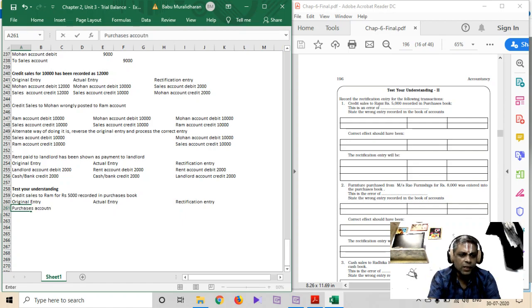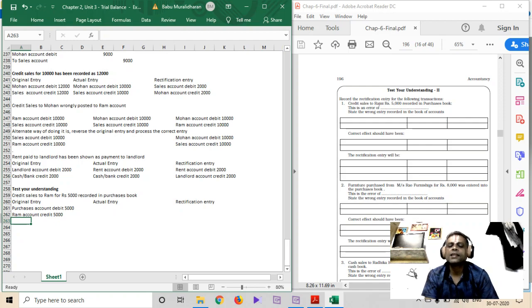Instead of taking it as a credit sale, it is considered as credit purchase. What should be the actual entry? Ram account debit 5,000, sales account credit 5,000. This should be the entry.